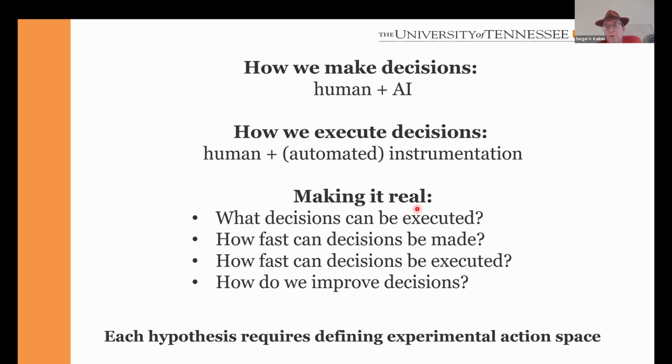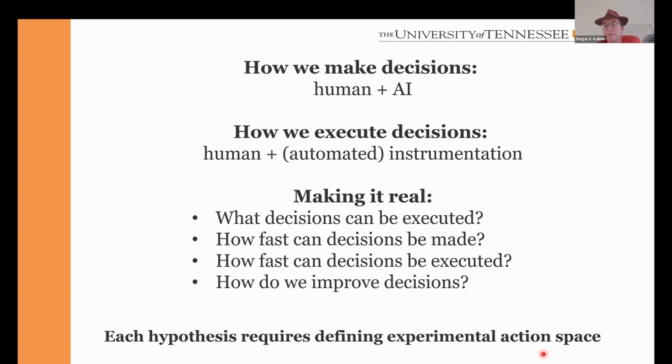So for example, if we want to make machine learning controlled self-driving labs real, we need to ask ourselves the question, what decisions can be executed? How fast can the decisions be made? How fast can they be executed? How are they improved? So what is the learning aspect in the system? And what's very important is that for each hypothesis that drives our decision-making, we also need to define the experimental action space.